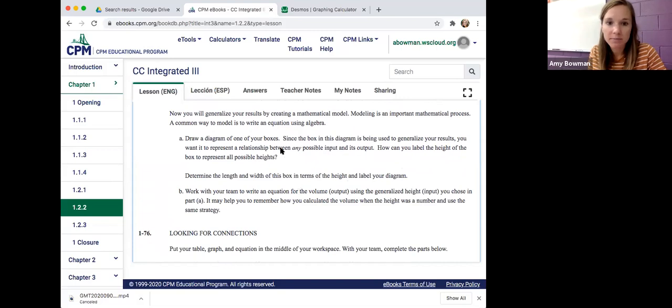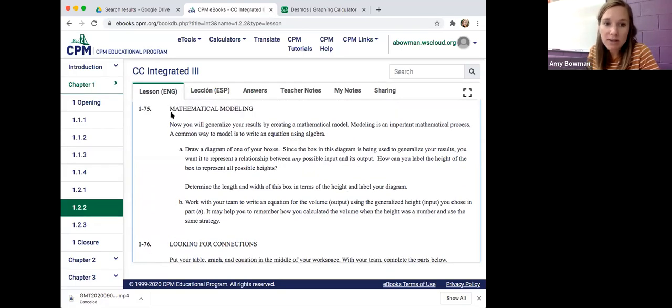Okay, so in 75, we want to generalize our results. So we want to model the situation so that we can generalize what's happening here. So now we're going to generalize results by creating a mathematical model. Modeling is an important mathematical process. A common way to model is to write an equation using algebra. So for part A, we've got a little space on your paper. It says draw a diagram of one of your boxes.